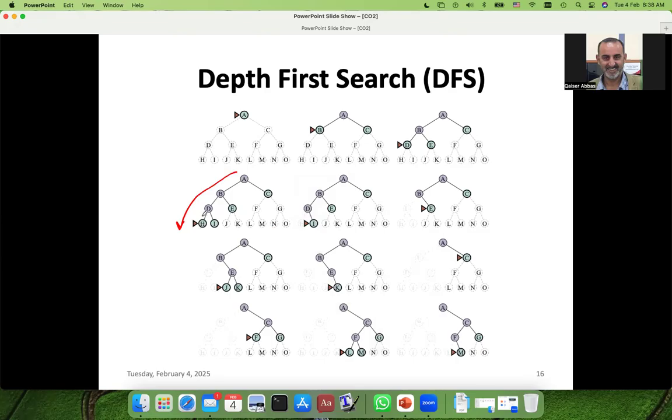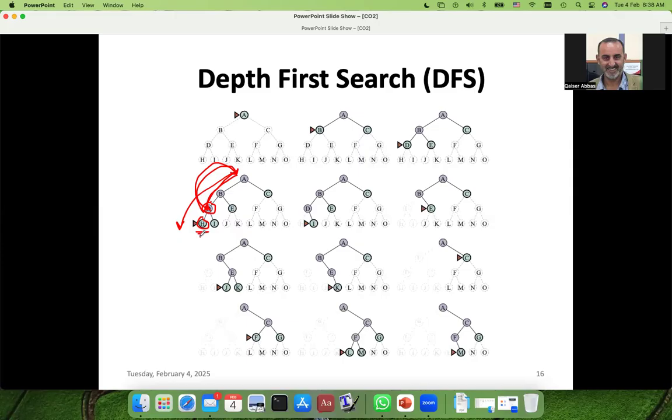For example, if this is the solution and you are repeating A here, and now you are repeating A here, just to help you understand, then you will come here and after the A, you will execute this tree again. Then you will come here and after the A, you will execute this tree again. So this is infinity, and you will not reach this solution. This is the problem in DFS.